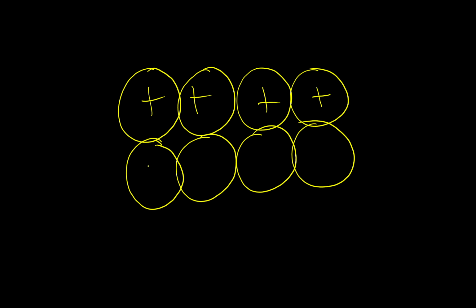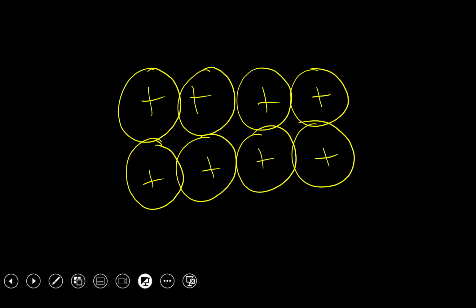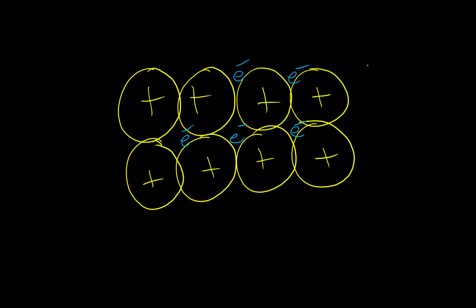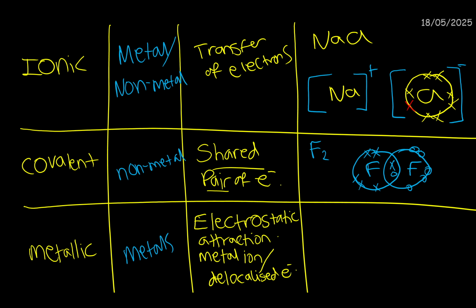So you need to fill these in with the charge, and then we need to put your delocalized electrons in like this. So you can label it. This is your delocalized electrons, and this is your metal ion. So that's how you do metallic bonding.